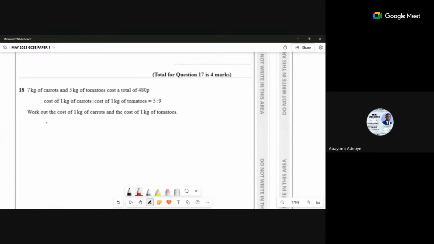So 7 kg of carrots are 7c plus 5t equals to what? 480, right? Yeah. So the ratio of 1 kg of carrot to 1 kg of tomato, that is 1c over 1t equals to what? 5 over 9, right?